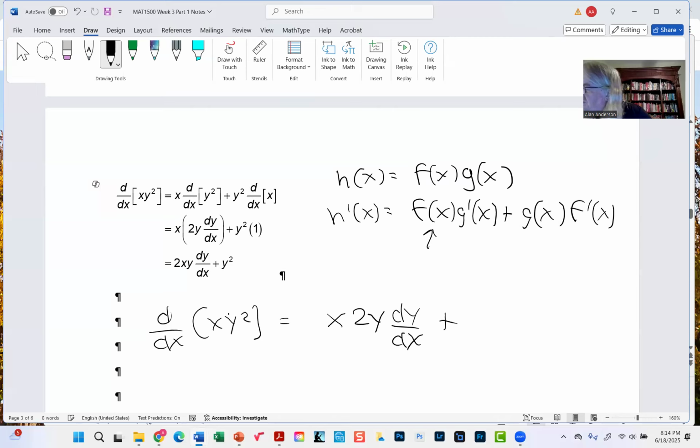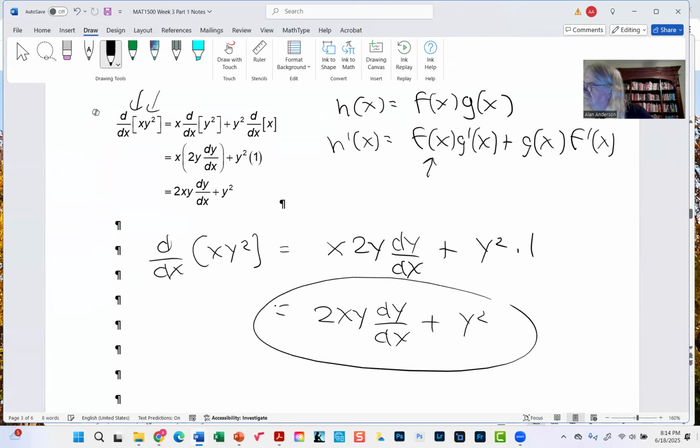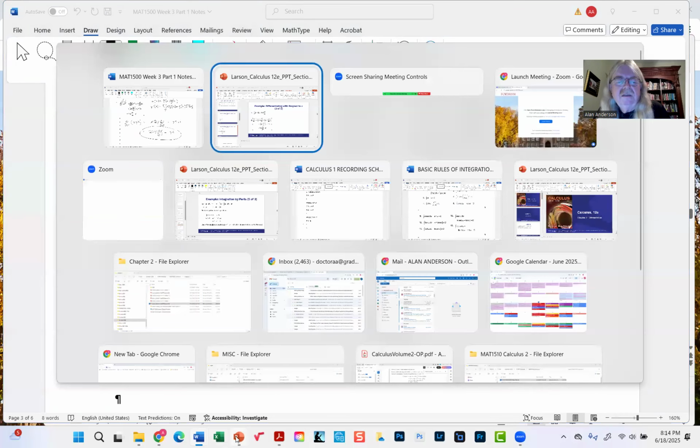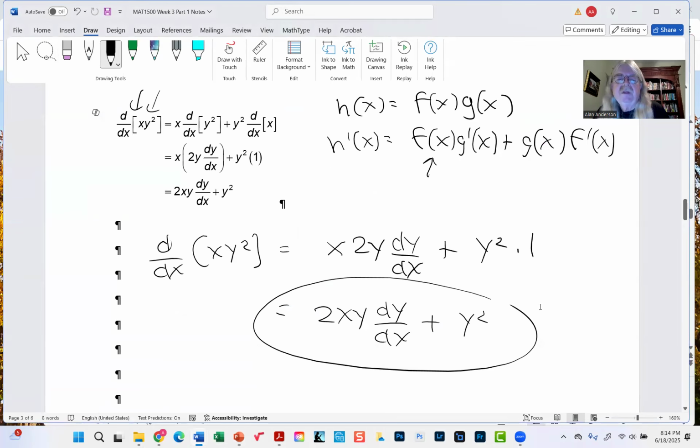Then we have the second term, the y squared, times the derivative of the first term, which is simply 1. All right, so we end up with, oh boy, that was pretty complicated, 2xy dy dx plus y squared. So in other words, it's still the product rule, but applied in a somewhat different way.